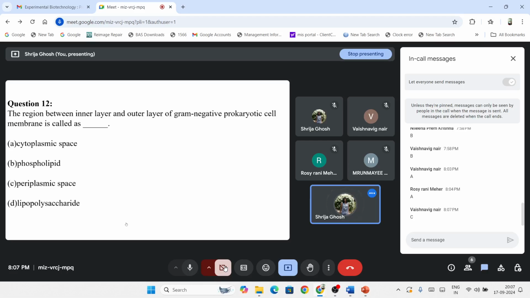Vaishnavi answered option C. Anyone else wants to answer? You've answered periplasmic space, option C. Anyone else wants to answer?